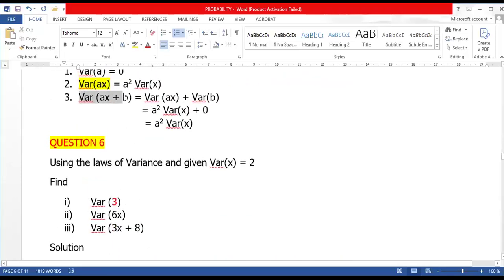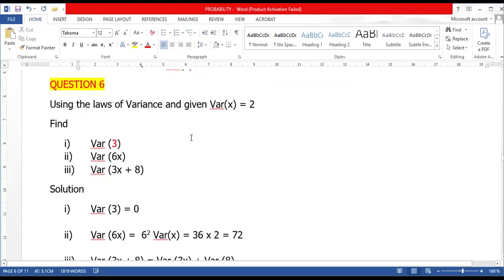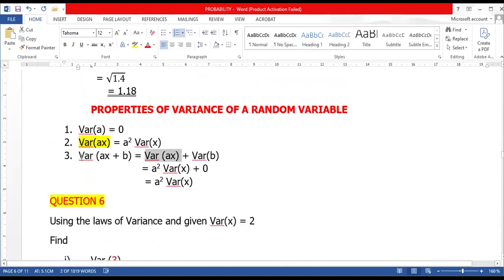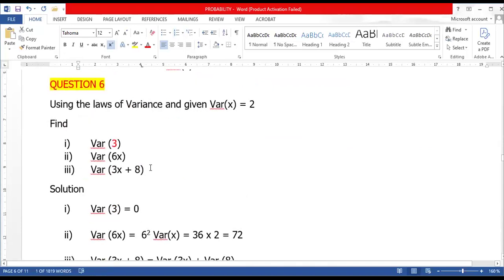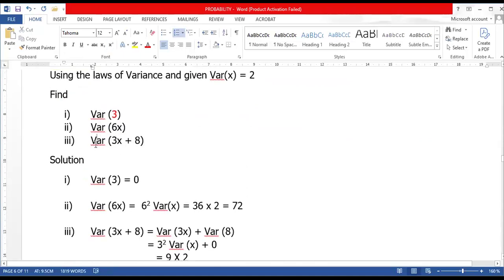Then rule number 3. I believe now it will be easy for you. When you open the bracket, you get this plus this. But the variance of a constant is 0. That's why you have 0 here. Then you put a outside but square it. So when you're looking for the variance of 3x plus 8, you first open the bracket: variance of 3x plus variance of 8.